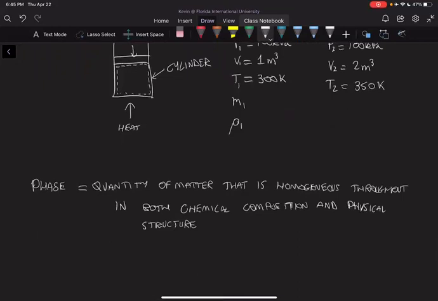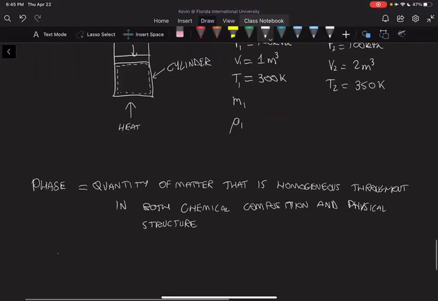That means that, for example, if we have water and we want to define the phase of water, there are 3 different phases that can exist. So water can exist in 3 phases.